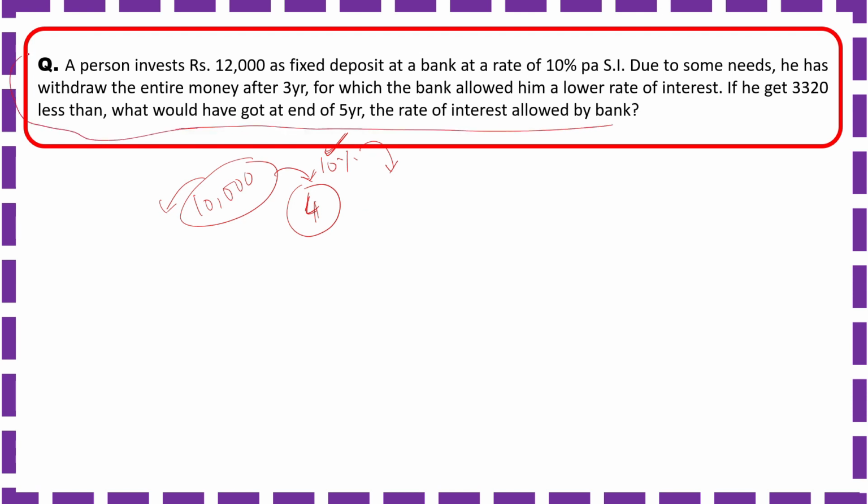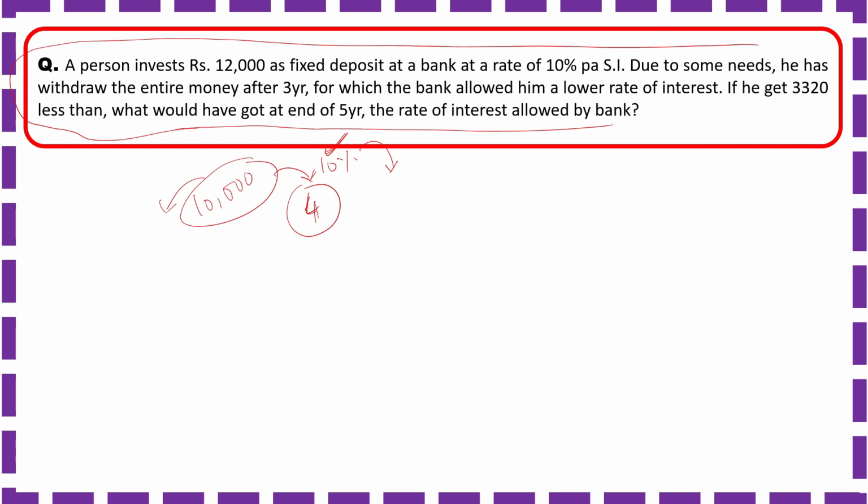A person invests 12,000 as fixed deposit, so the bank is giving him 10% simple interest. Before 5 years, that is immediately after the 3rd year, he withdrew his investment, right? That's why he got 3,320 rupees less than what he would have got after the 5 years.